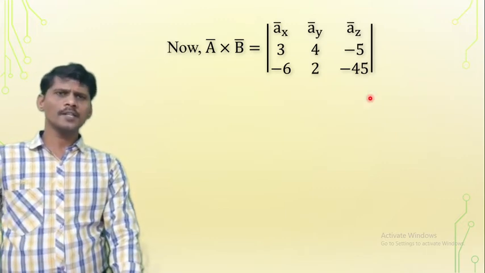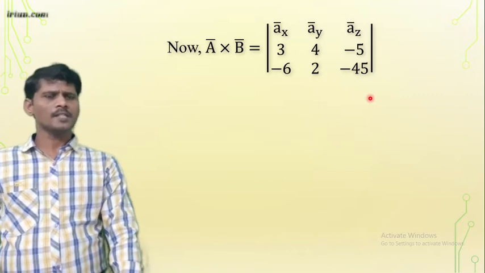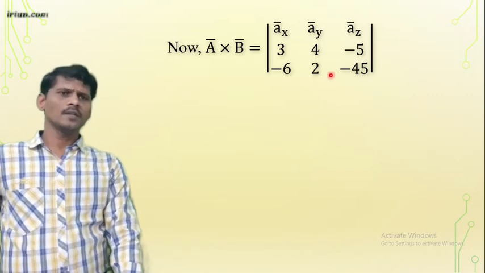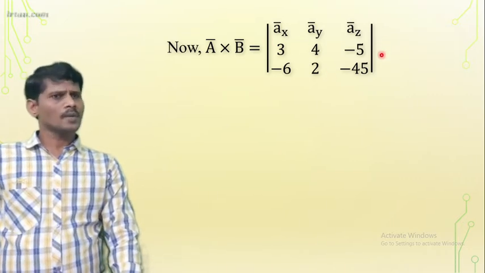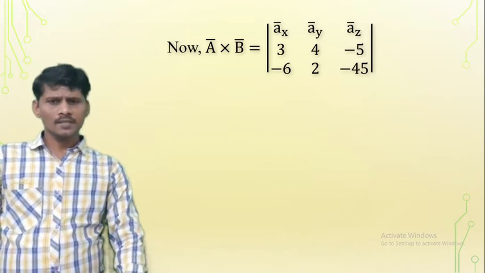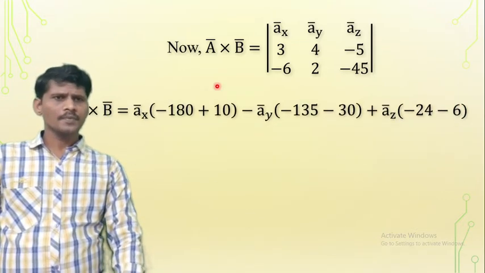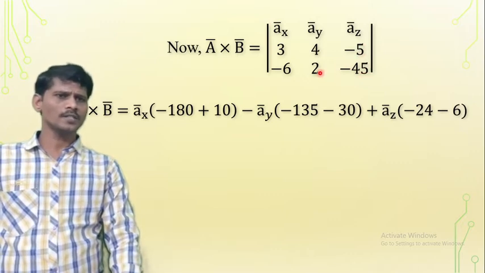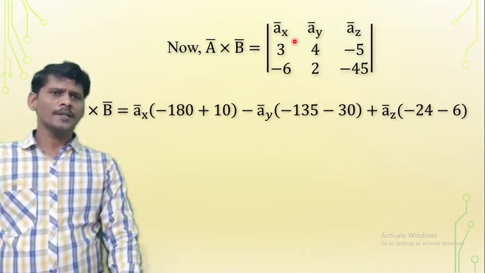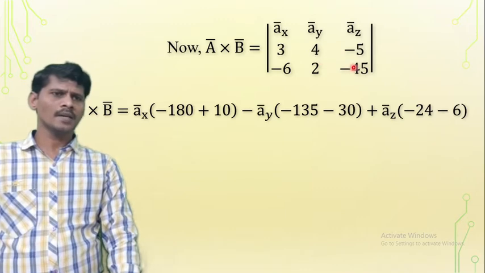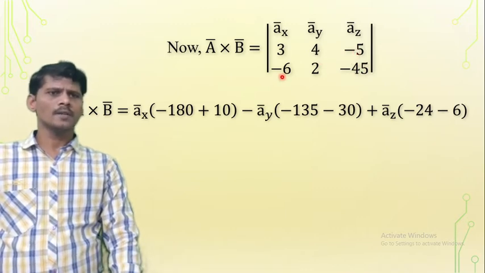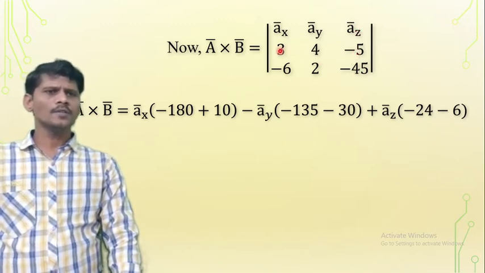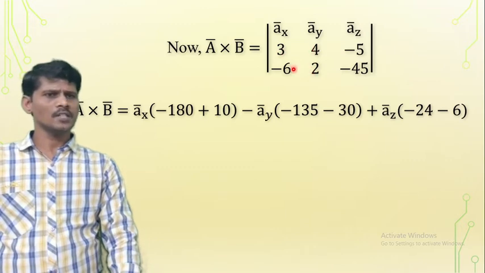Using matrix notation, the right-hand side term of the matrix can be reduced as a_x bar into this minus this into this, minus a_y bar into this minus this into this, plus a_z bar into this minus this into this.